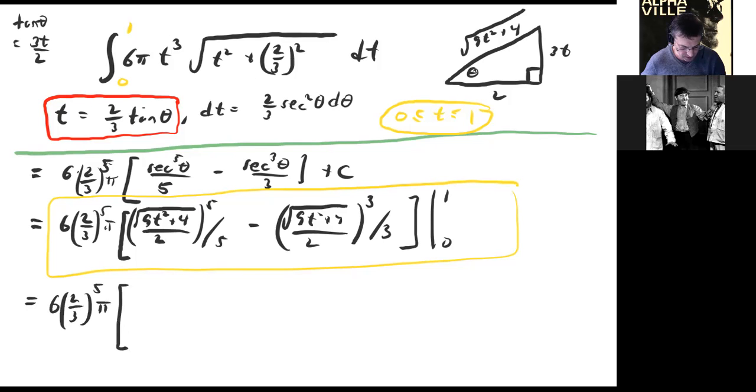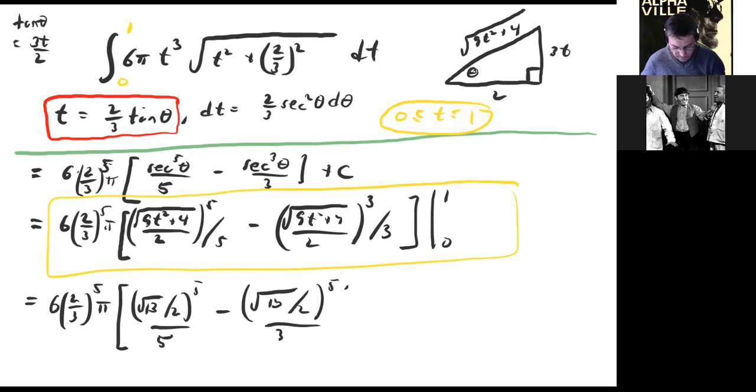We get the square root of 13 over 2 to the 5th power over 5 minus the square root of 13 over 2 to the 3rd power over 3. There's probably a much easier way to write this, but this is not so easy to do when you're on an iPad, and you didn't write it down beforehand.